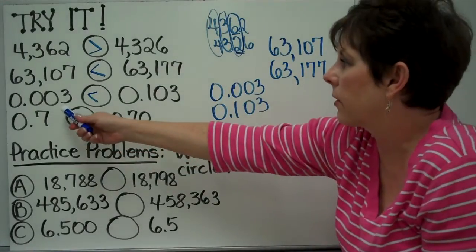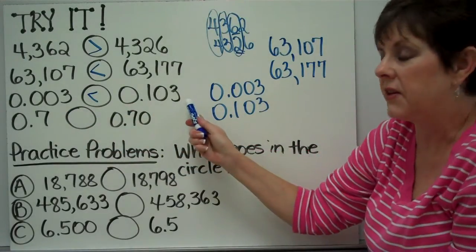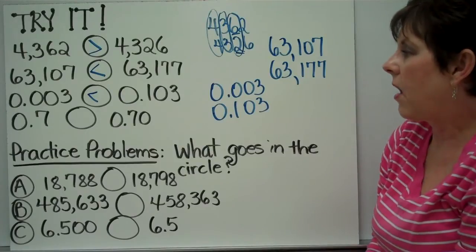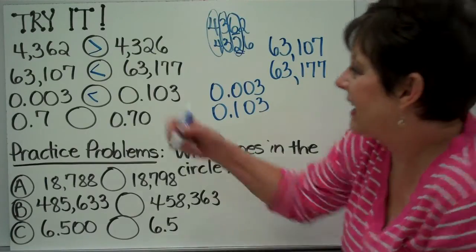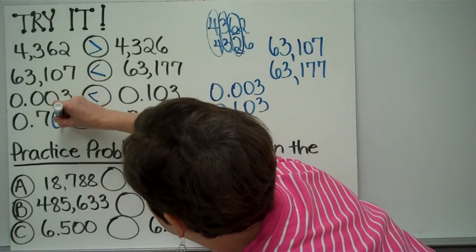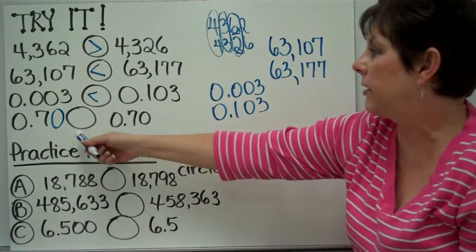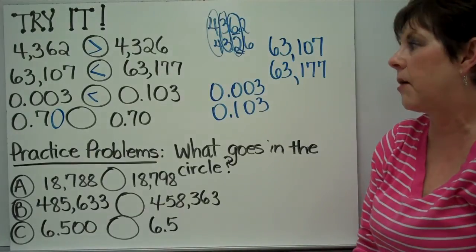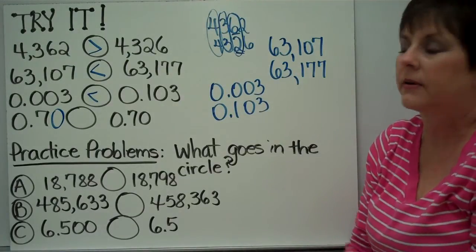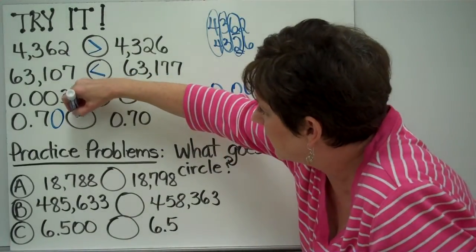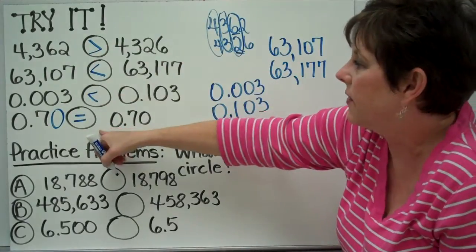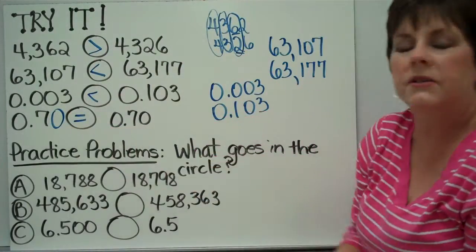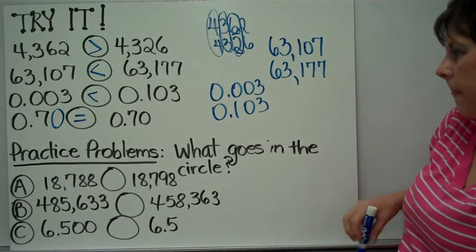So this number is less than this number. And on the last one, you probably already see it. I can add a 0 here without changing its value. I can tell by looking at it, it's the same number. So I know that this is an equation. These are all inequalities. This one, this side is equal to this side.